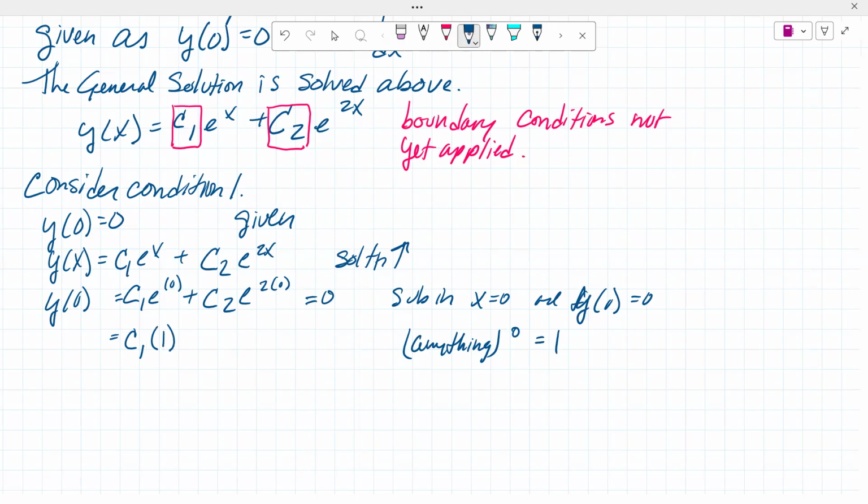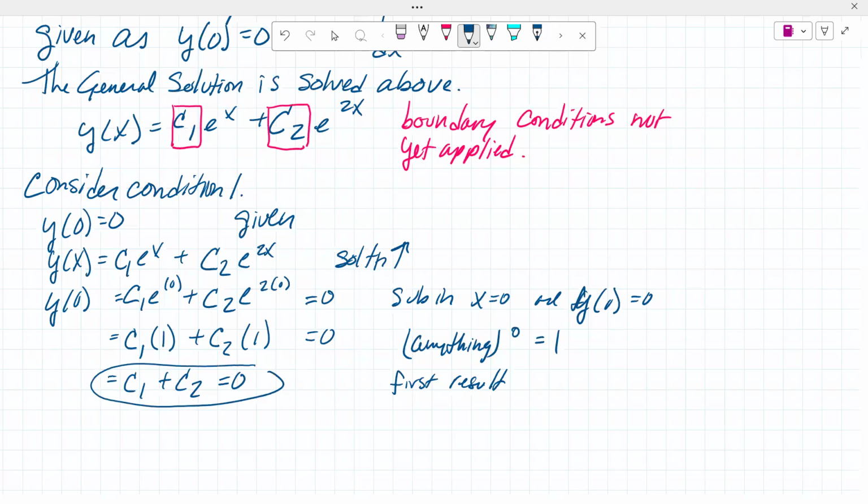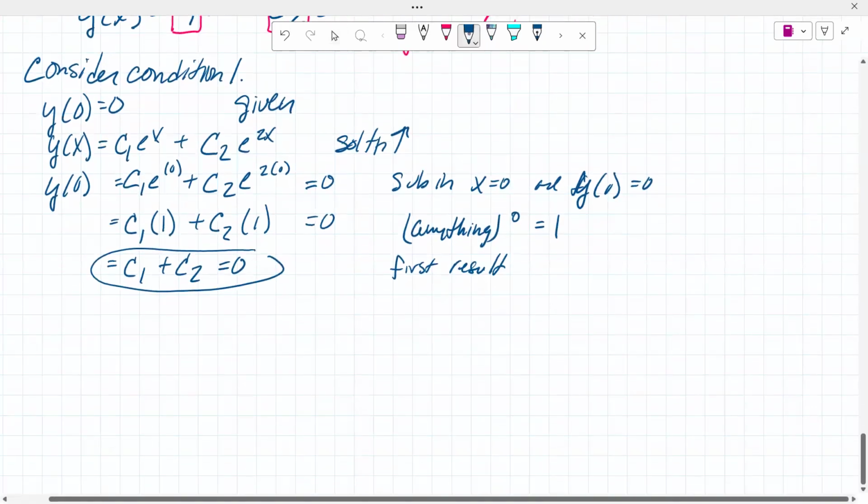So c1 plus c2, since 2 times 0 is 0 and e to the 0 is 1, equals 0. In other words, we have c1 plus c2 equals 0. Terrific. This is our first result from the boundary conditions. Next, we consider condition 2.